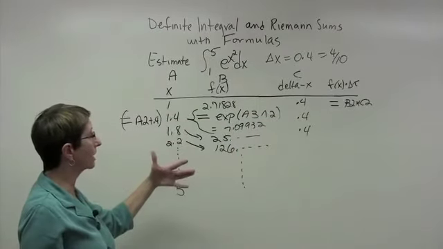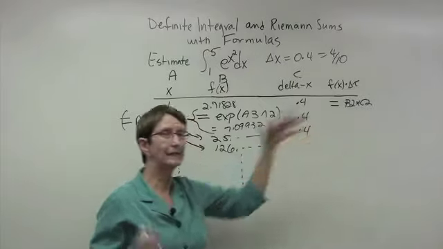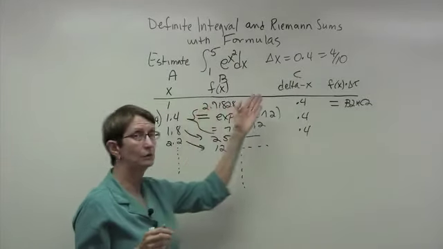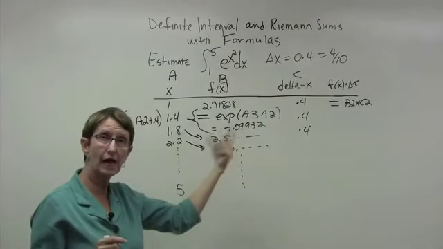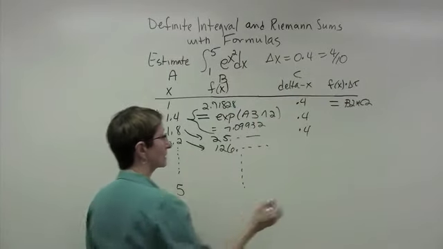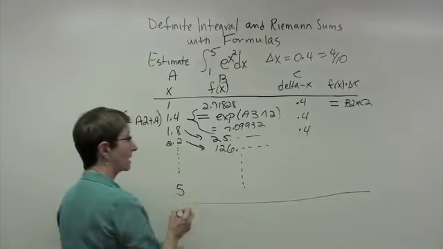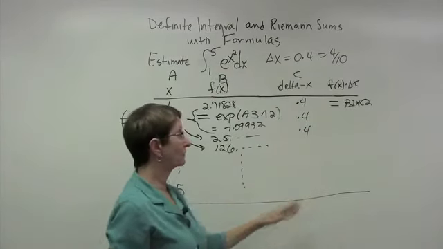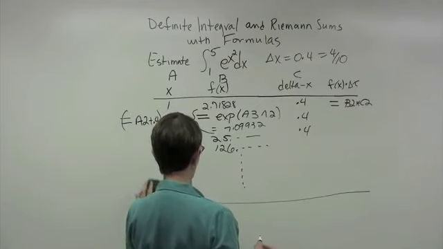And once you've got the products, this cell is what we have before when we just take the function value times the width of the interval. Each time, that's what we have. So you get to the bottom of this column, all you have to do is sum up your values.